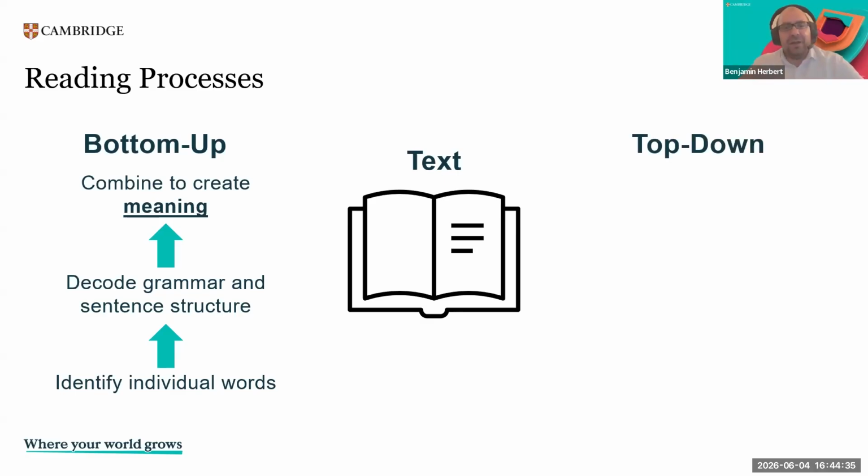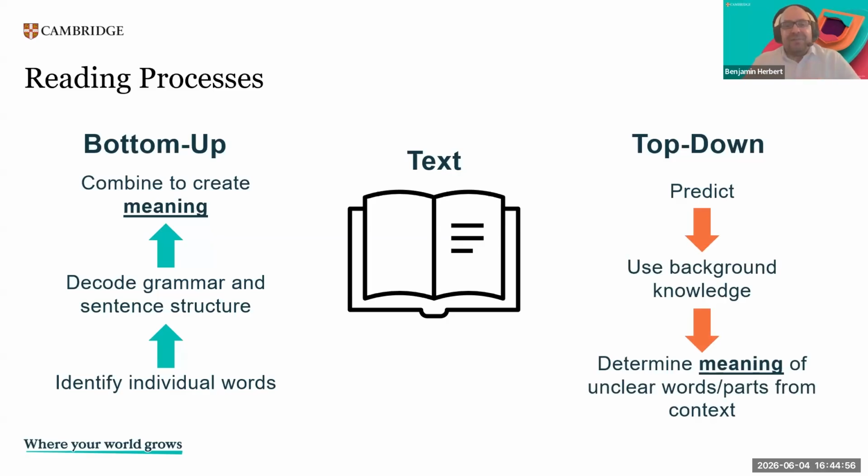There is, however, another reading process: top-down reading. With top-down reading, readers use their pre-existing knowledge to, to some extent, predict what's going to be included in the text, and combine that with their background knowledge. That then means that if, as they're reading, there are any words or phrases which are new to them, they can determine to some extent the meaning of unclear words or parts of the text from this overall context, which they understand.